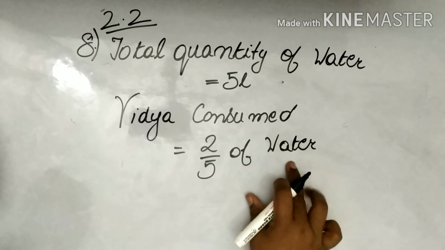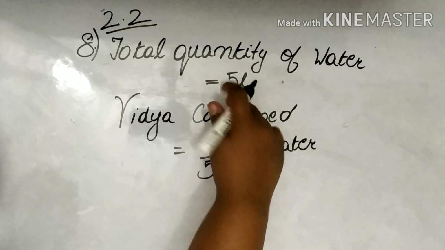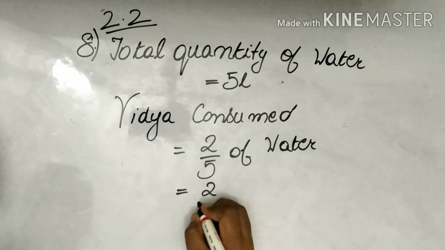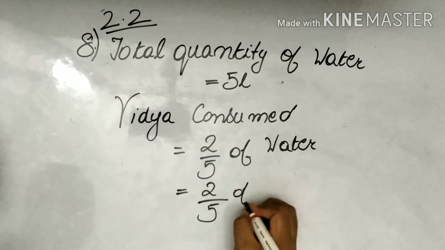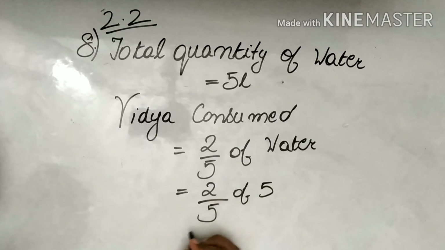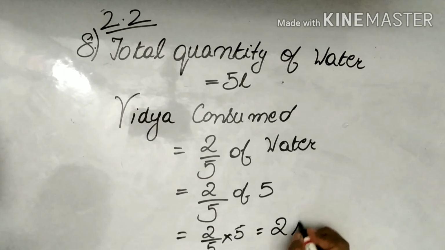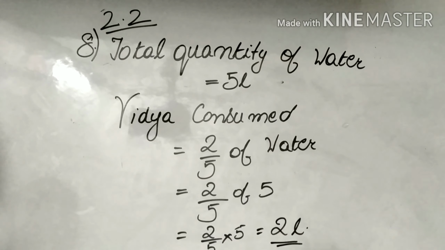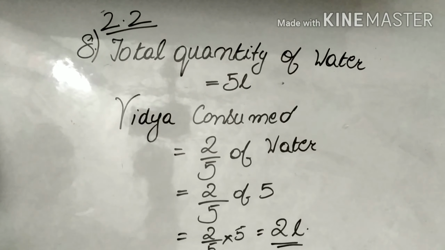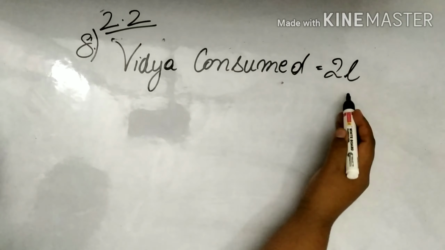What is the quantity of water? It is 5 liters. So here it will become 2 by 5 of 5. And "of" is equal to 2 by 5 into 5. And the answer will be equal to 2 liters. So we can say Vidya consumed 2 liters.